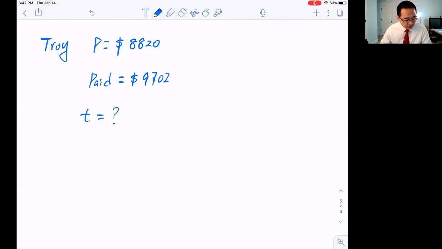Troy is throwing a lot of money into the system, but at the end, the total price Troy paid with tax turned out to be $9,702. My question is, what is the tax rate? Hopefully it's not too difficult.